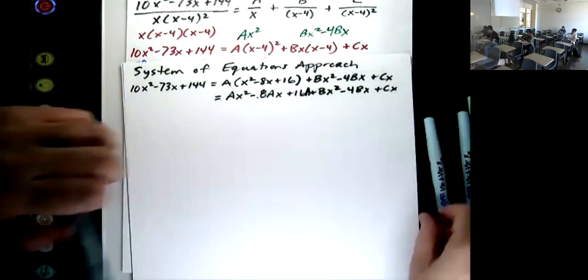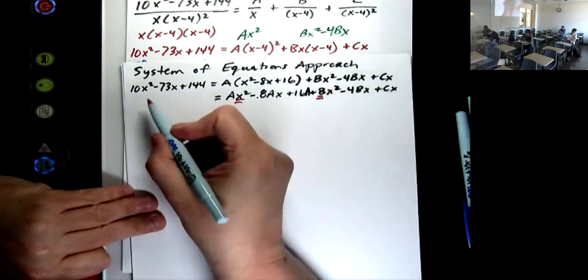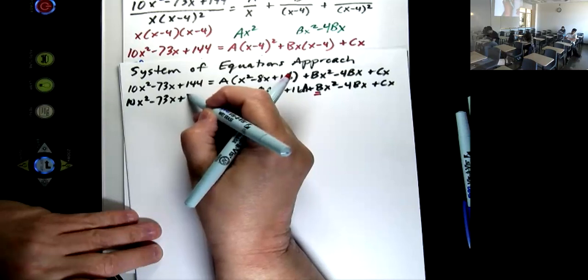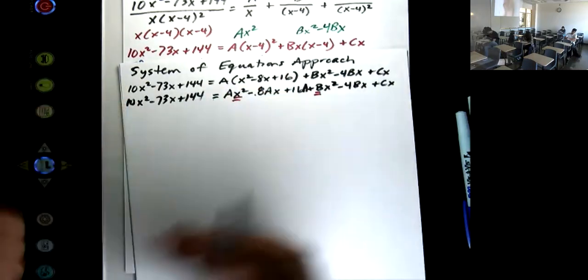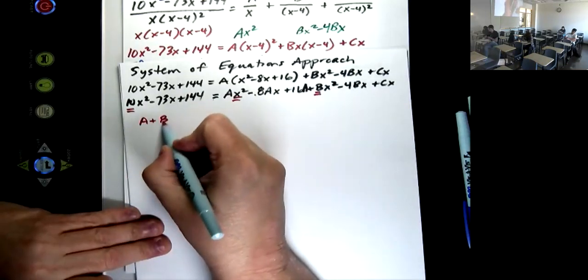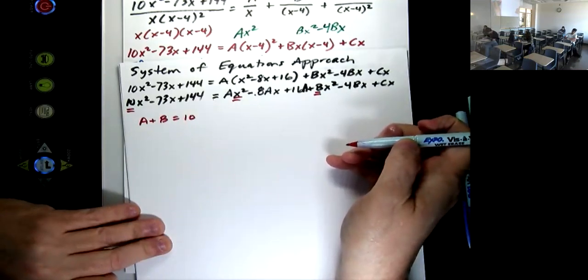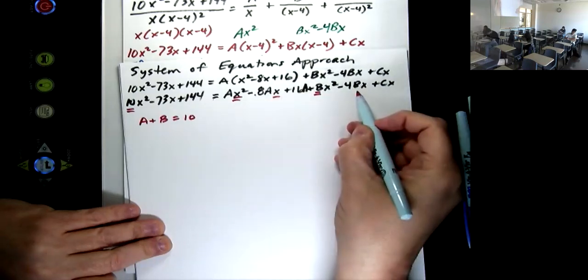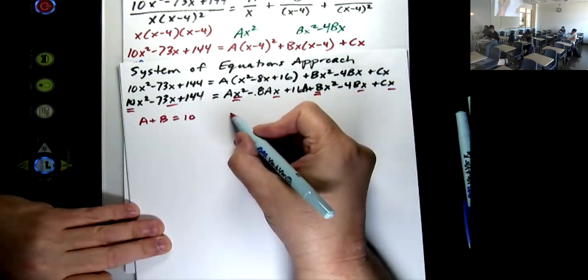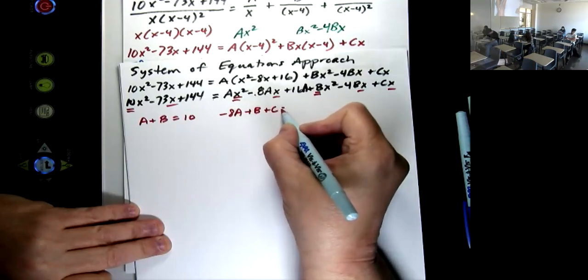So if I look at my x squareds, my x squareds have A plus B equals 10. My x's are these, and I have negative 8A minus 4B plus C equals negative 73.